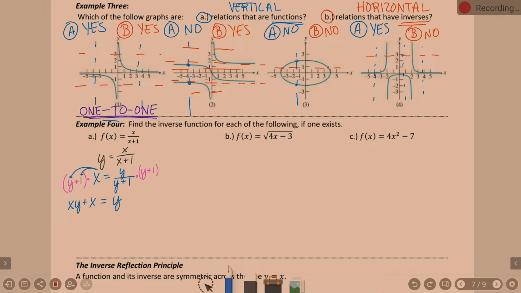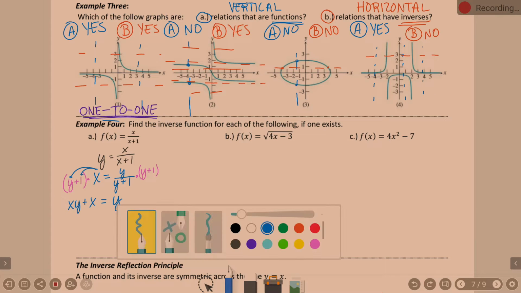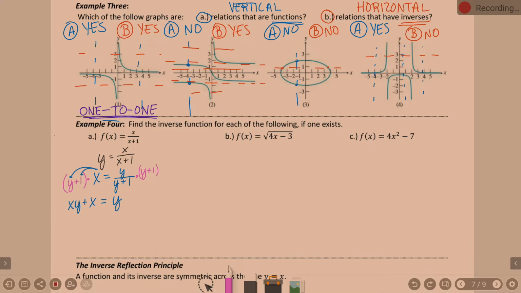On the right side, we just have a y because your y plus 1s will cancel. Okay. Remember, my goal is to solve for y. I didn't get it written in here, but what did we do? Our first step was to switch x and y, right? And now we are working on solving for y. Those are the 2 steps I'm taking.